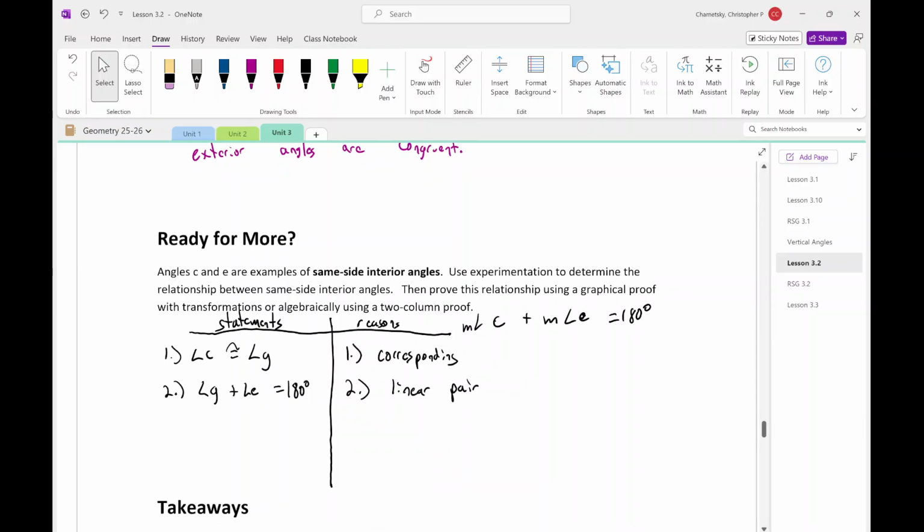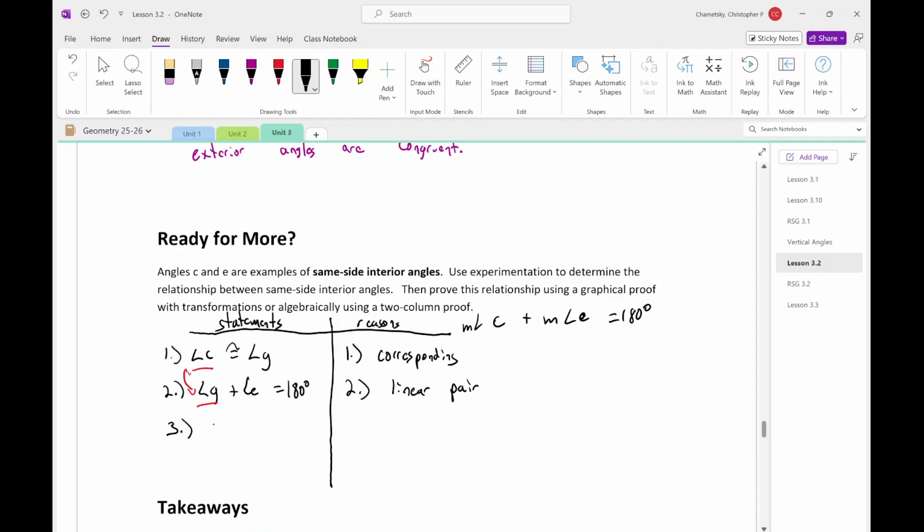Well, with a simple substitution, I'm going to substitute C in for angle G. Sorry.